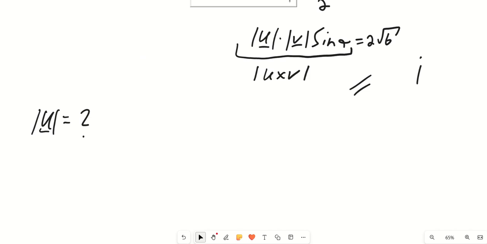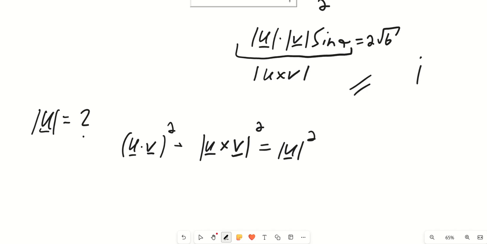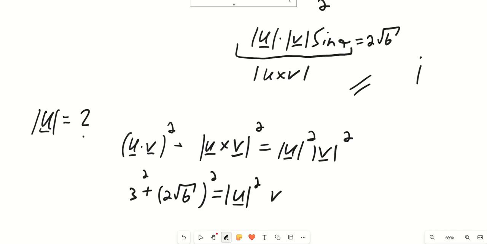So it was U dot V squared plus U cross V squared equals U magnitude squared times V magnitude squared. Now I know that U dot V is 3, it is given, and we just showed that the magnitude of the cross product of U and V is 2 times square root of 6. This now equals the magnitude of U squared times the magnitude of V squared.